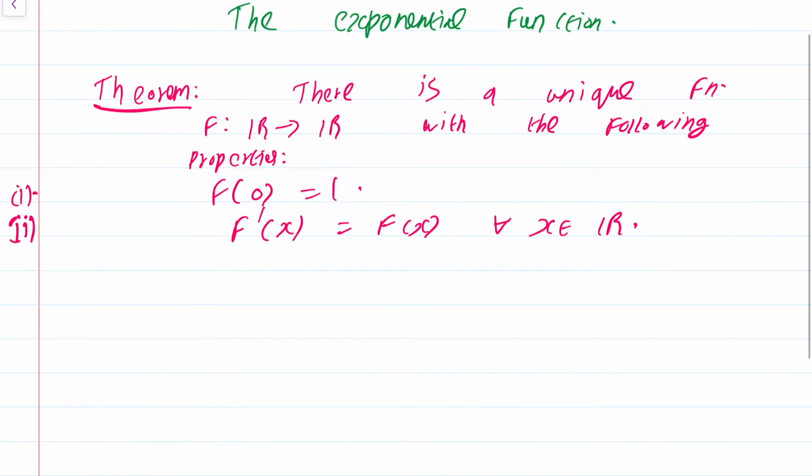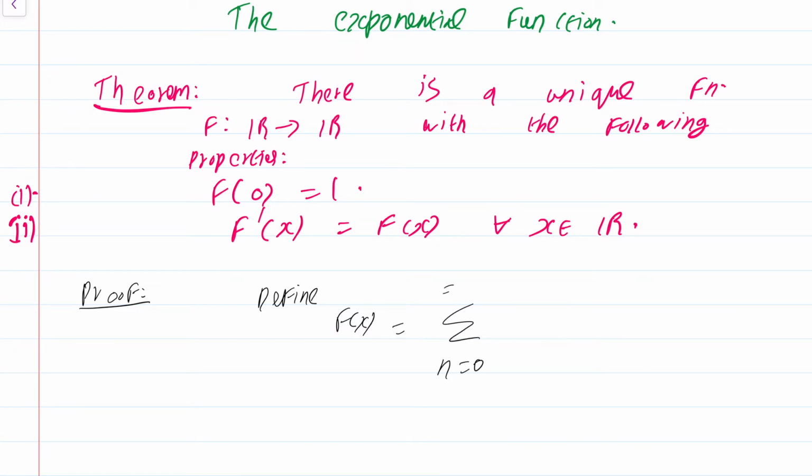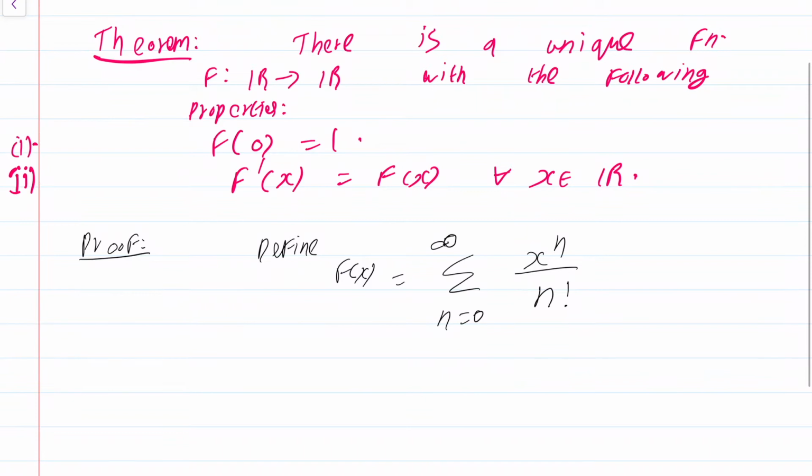Proof. Now that we are masters of power series, this is a fairly easy thing to do. Define f of x equal to the summation n equals 0 to infinity x power n by n factorial. Now the question is, if this series converges, then what is its derivative? Let's first assume that the series converges.